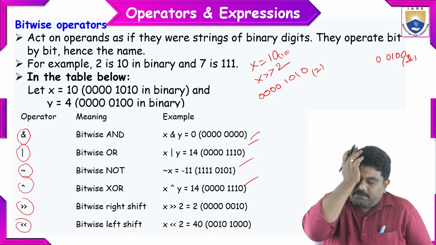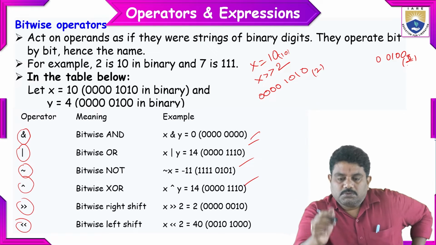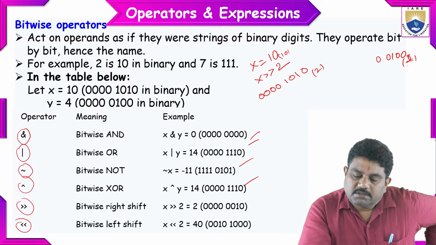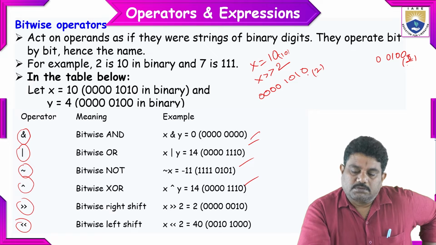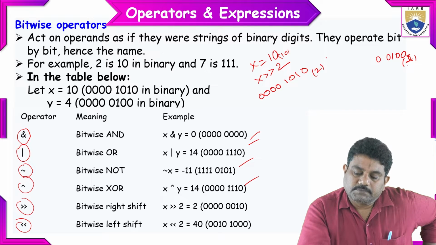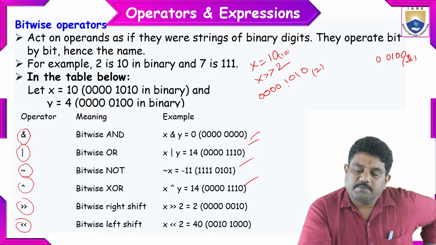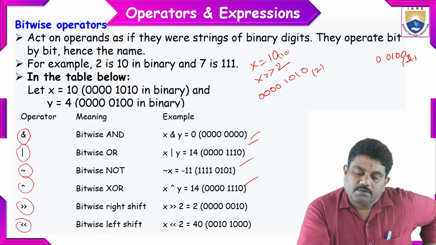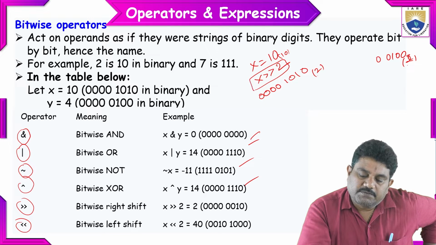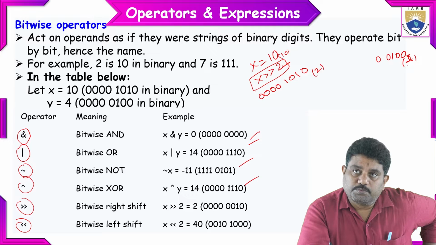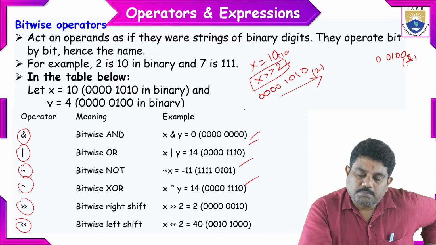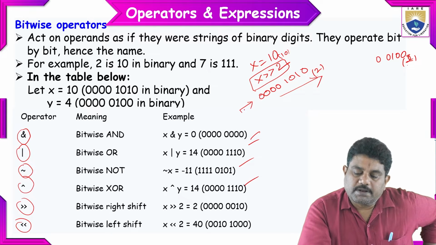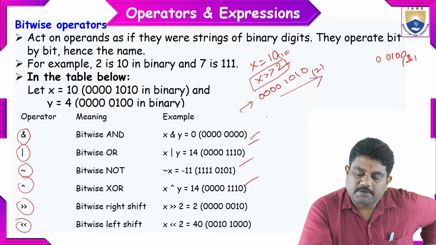In the previous example I took 2, so there may be confusion for you. Now I take 10, and with 10 I will explain. So what is the meaning of this expression? You have to shift 2 bits to the right side. When you shift 2 bits, you have to push zeros in from the left side.